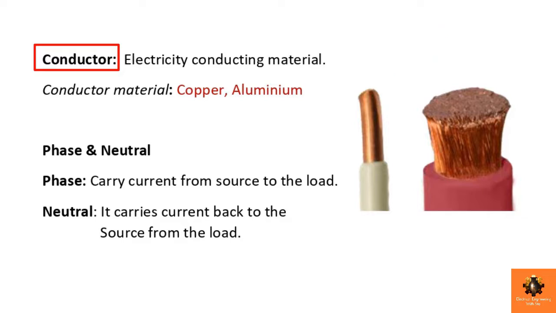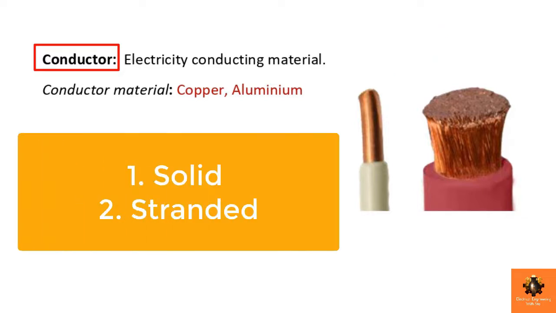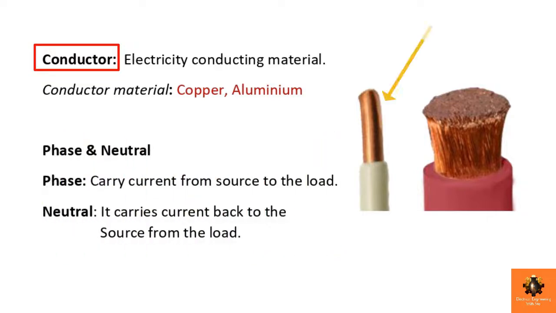Basically, there are two types of conducting wires available in the market: solid conductor and stranded conductor. A solid conductor is one piece of metal, whereas a stranded conductor is a bunch of many conductors. So a solid conductor is less flexible than a stranded conductor. Generally, stranded conductor wires are used in wiring systems.